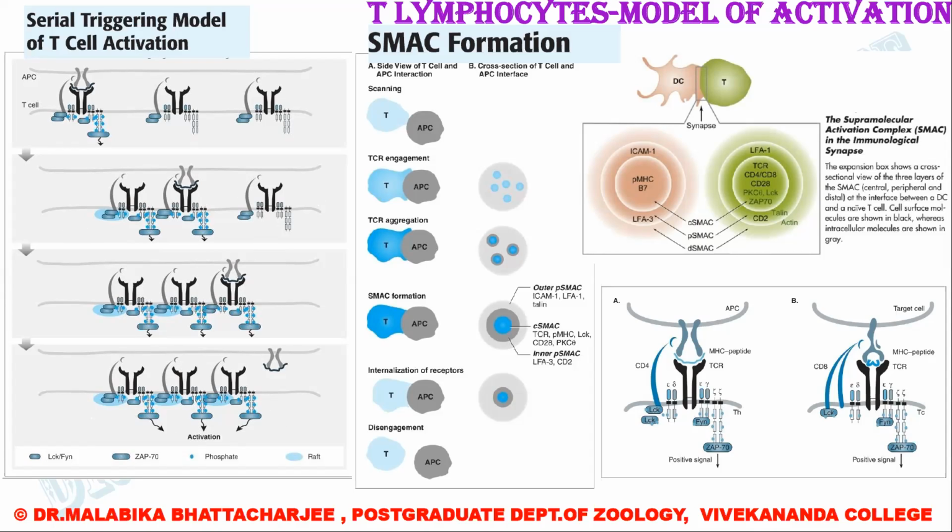Now, if you remember, we have studied the supramolecular activation complex. In the case of the supramolecular activation complex, the interface or the contact zone between the T cell and the APC, where the rafts are stabilized and the triggered T cell receptors accumulate, is called the immunological synapse or supramolecular activation complex.